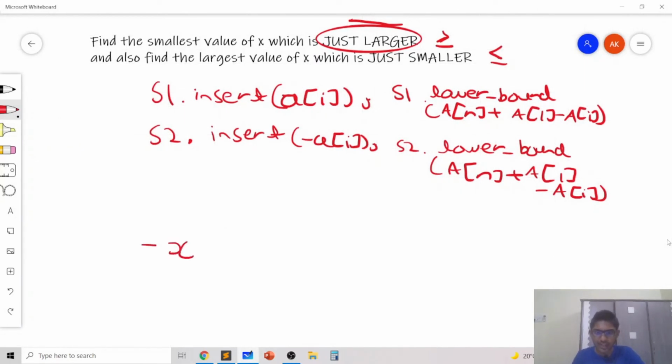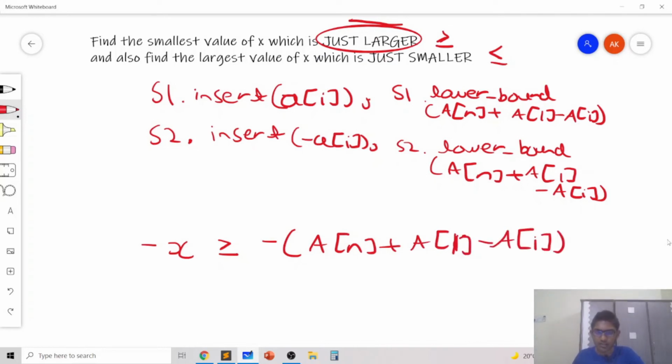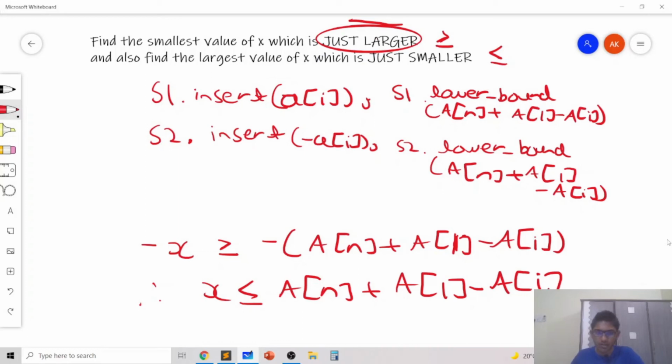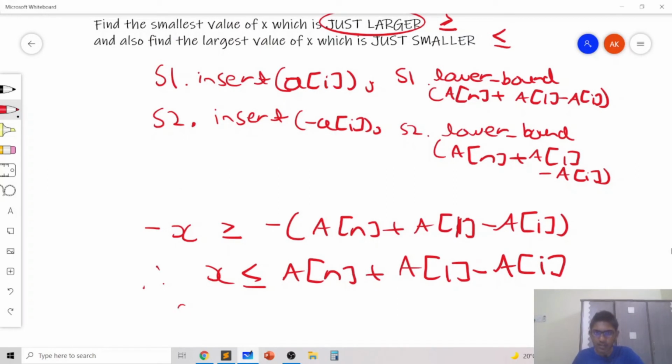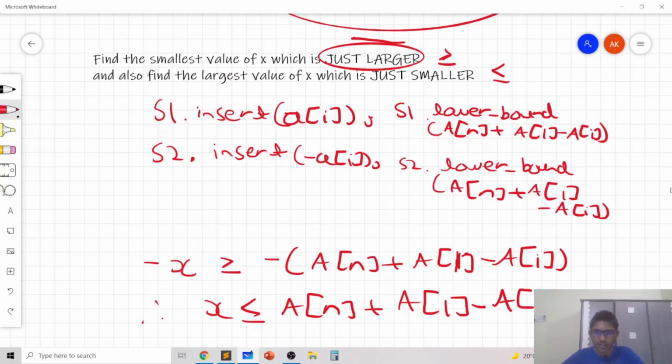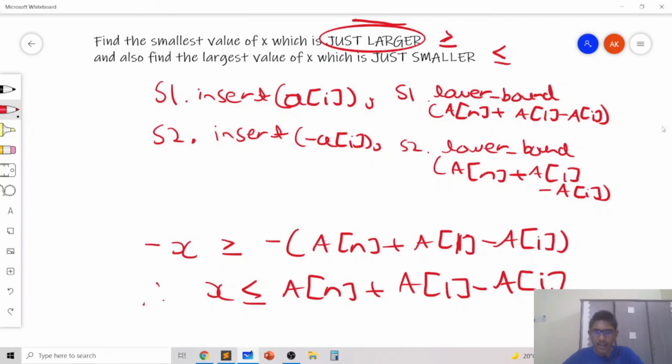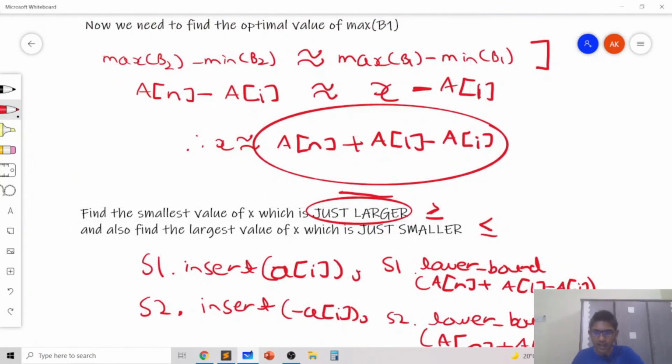If we know that negative x is greater than or equal to the negative value of an plus a1 minus ai, which is what we are doing in the second set, then we know that x is less than or equal to an plus a1 minus ai. By multiplying by minus 1 on both sides of the inequality, the sign reverses, so that's why this inequality holds, and hence we have successfully found the largest value of x which is just smaller than an plus a1 minus ai.